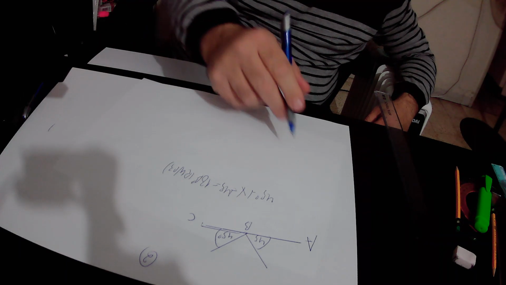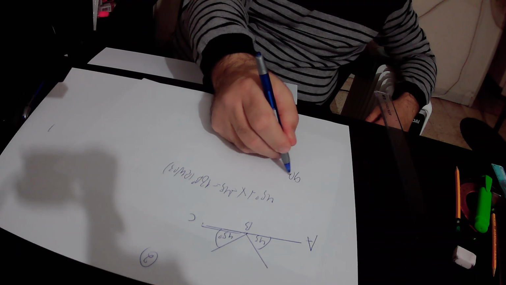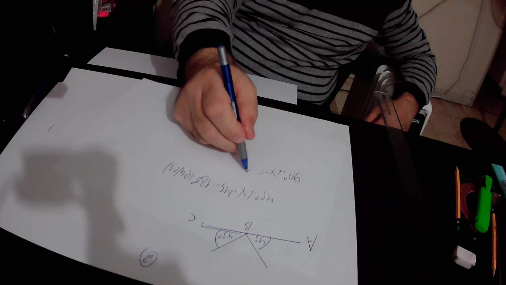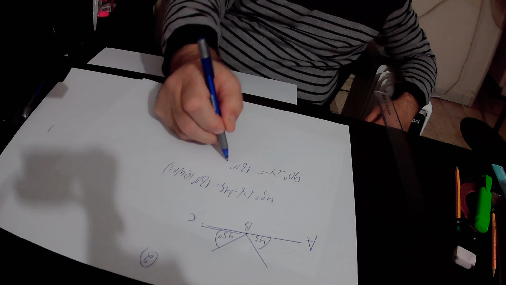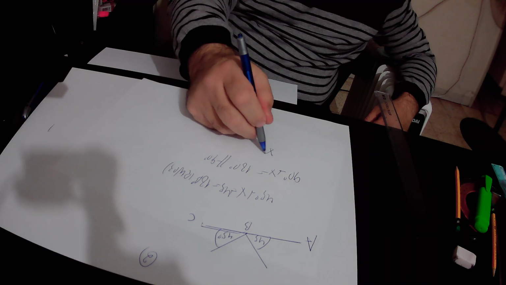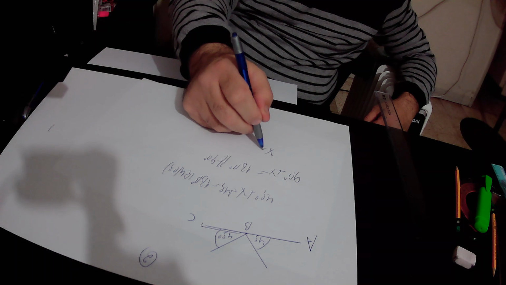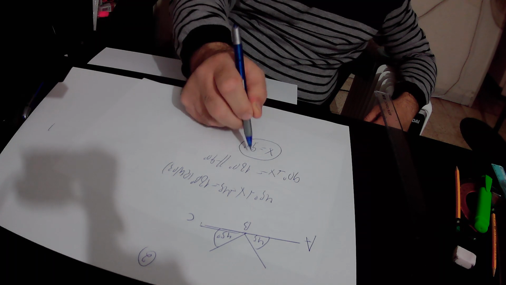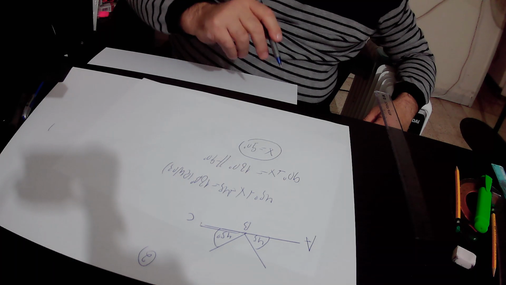So 45 degrees plus 45 degrees is 90 degrees. So 90 degrees plus X, in total it must be equal to 180 degrees. So we subtract 90 degrees from the equation. And finally we get that X equals 180 degrees minus 90 degrees, it is 90 degrees. So the missing angle X equals 90 degrees in its size.